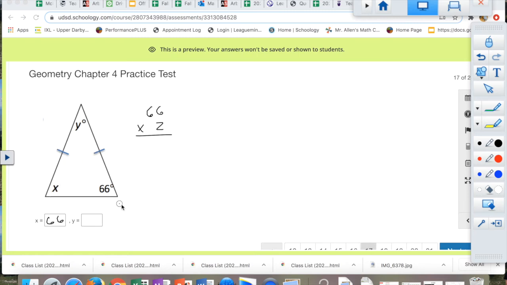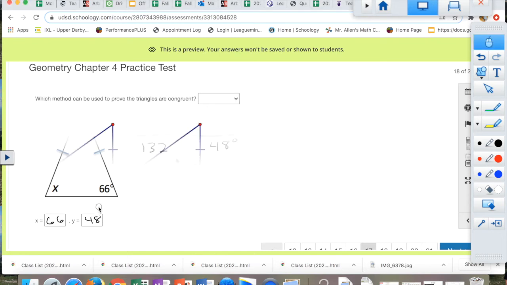These angles will be congruent because they're opposite the congruent sides. I have 132 degrees. Now if I take that and subtract it from 180, if you want to do some borrowing, I get 48 degrees. So y is going to be 48 degrees.